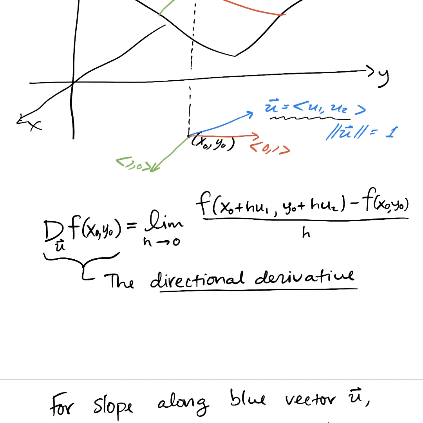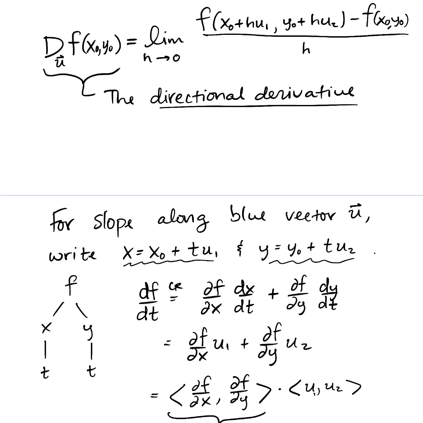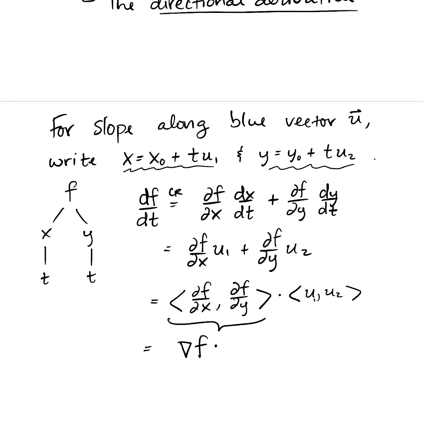That had a name in this discussion already. That is nothing other than the vector u. So really, to compute this slope for your function f as you walk along that blue vector in the xy plane, all you do is take the gradient and dot it with the direction vector.